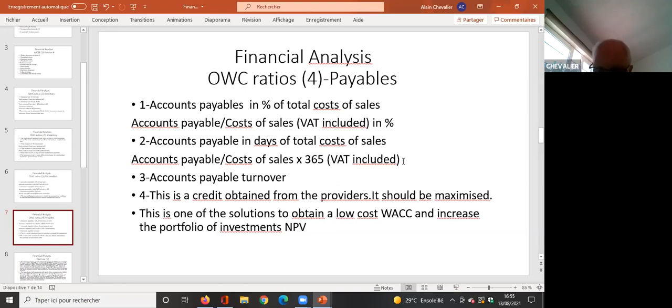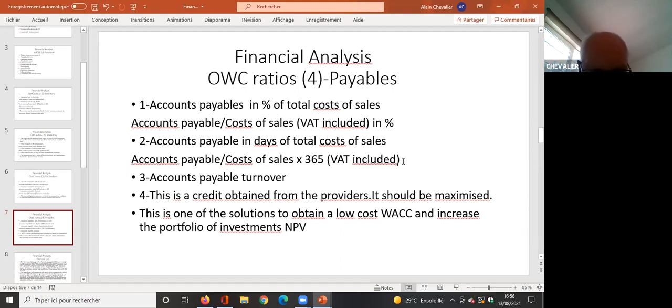Okay? So, a good management of receivables, inventories, and payables has an impact on your weighted average cost of capital. You need less classical loans or even equity to finance the company.